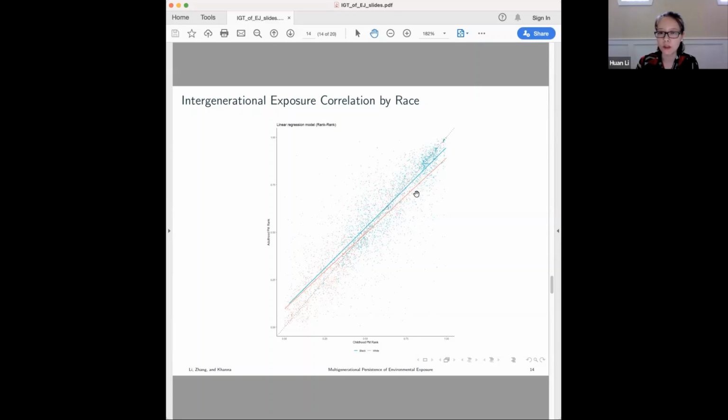Which means they grew up in a similar environment, but when they choose their own houses and locations as adults, the difference is much larger than for another pair who grew up in cleaner, similar areas. So this again shows us there is a racial gap between white and black in terms of the intergenerational correlation.